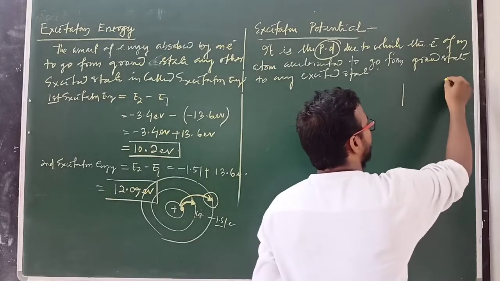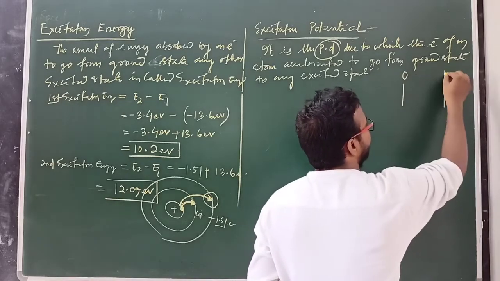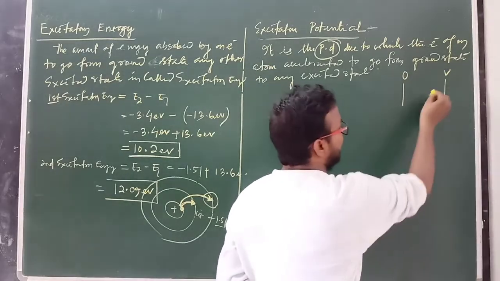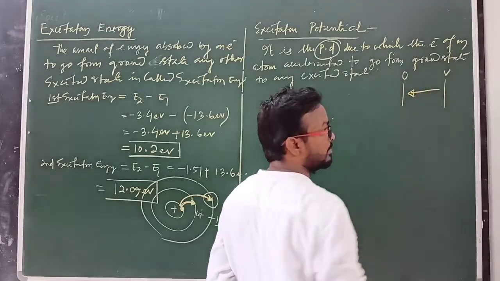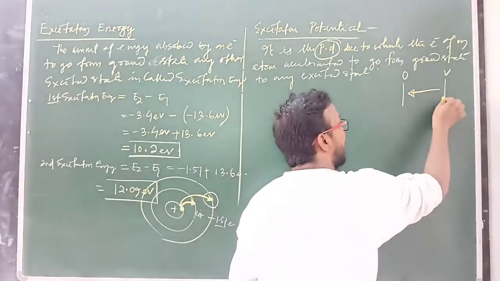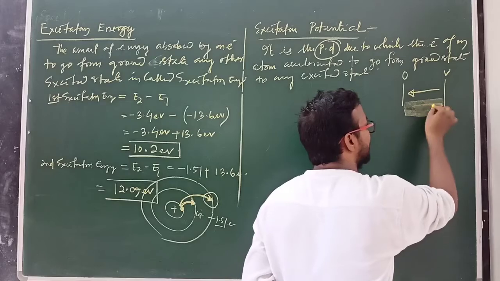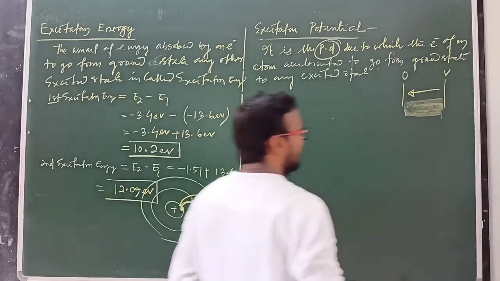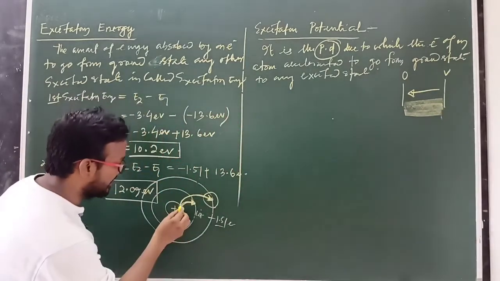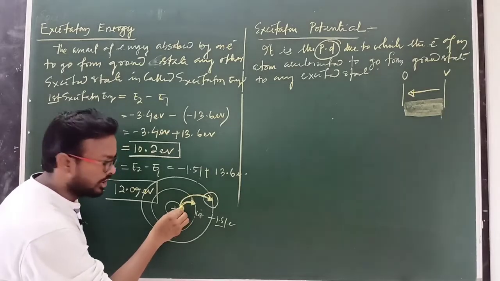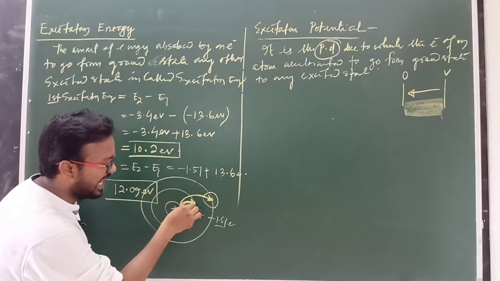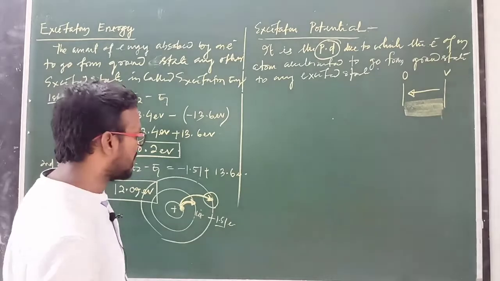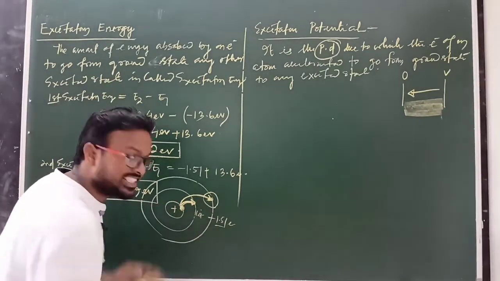Suppose there are two potentials, here 0 and this potential is V. Now the electron moves from higher potential to lower potential. We have to find how much potential difference between these two points is needed so that the electron can jump from the lower energy orbit or ground state to the higher excited state.